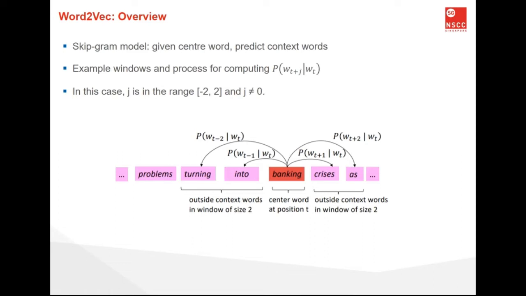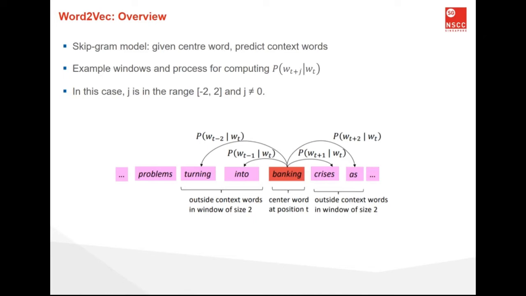Assuming we are using a window size of 2, our context words are the words at position T-2, T-1, T+1, and T+2. Written another way, those are WT-2, WT-1, WT+1, and WT+2.